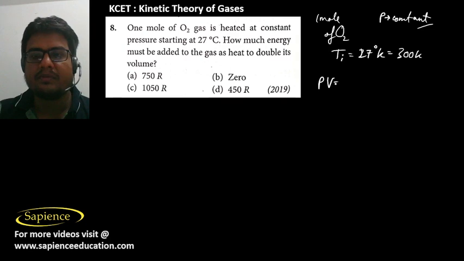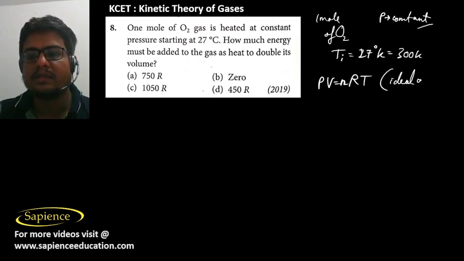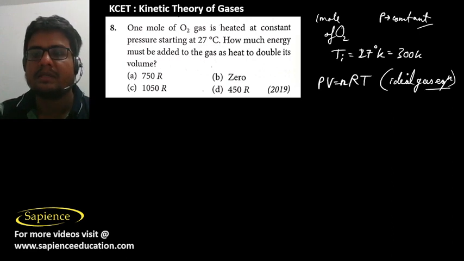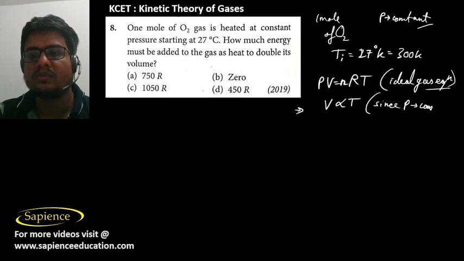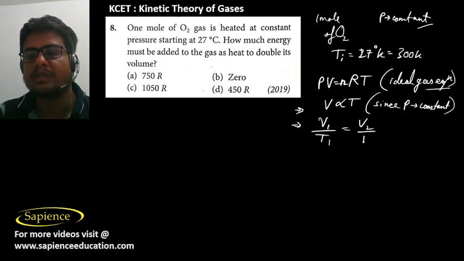So we know that PV equals nRT, where n is the number of moles of the gas. It is called the ideal gas equation. It should be followed by any ideal gas under any condition. Since the pressure is kept constant, V is proportional to T. So we can say that V by T is constant. So V1 by T1 equals V2 by T2.